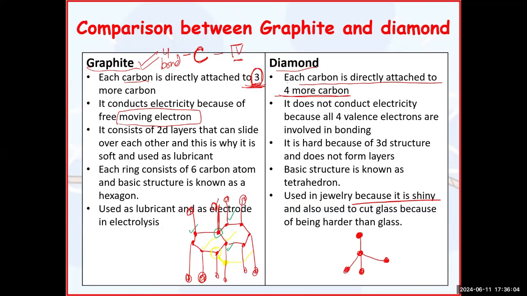So it can conduct electricity because of the free moving electrons. The reason is very clear. Why do we say it has free moving electrons? Because in its structure, each carbon is bonding with 3 more carbons, but it's not making a bond with any other element or any other substance. Hence, its 4th electron is free.